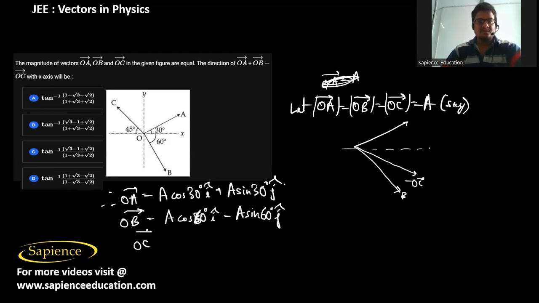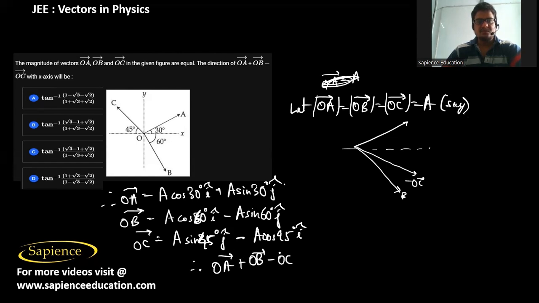Then OC vector will be A sin 45 j cap minus A cos 45 i cap. So now therefore, OA vector plus OB vector minus OC vector.